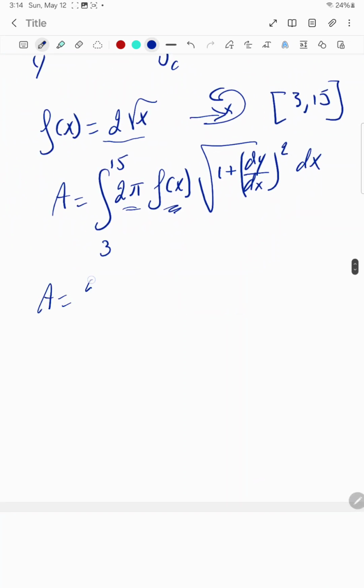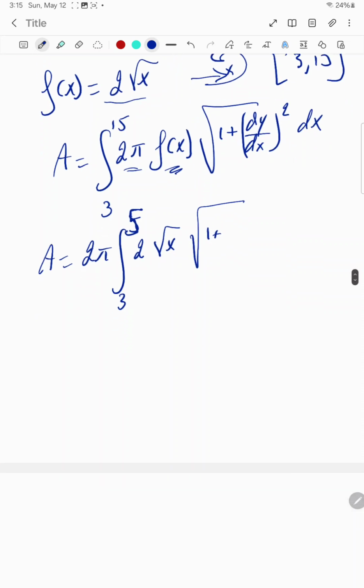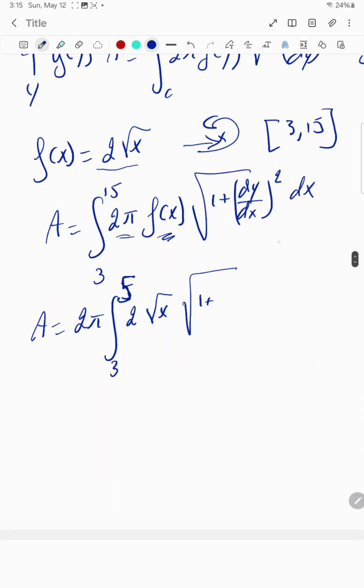So the area is equal to 2 pi, integral between 3 and 5, and f of x I replace by 2 square root of x, times the square root of 1 plus dy over dx squared. If f of x is equal to 2 times x to the power 1/2, the derivative f prime of x is equal to 2 times 1/2 times x to the power minus 1/2.